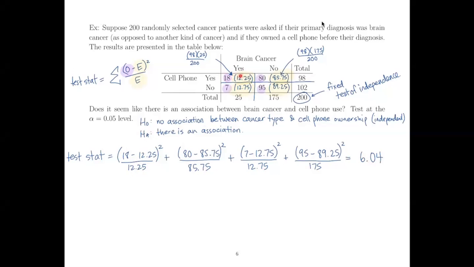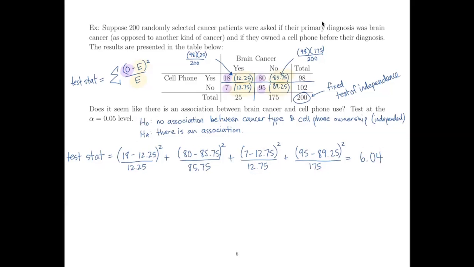If the observed is very close to what we'd expect if they truly were independent, then each of these values will end up being quite small, in which case this will be a smaller test statistic and we'll have a larger p-value, which means that we won't have enough evidence for the alternative and we'll stick with the null.